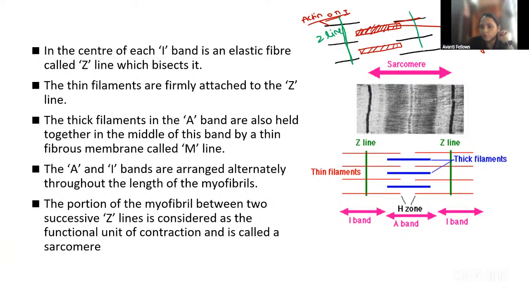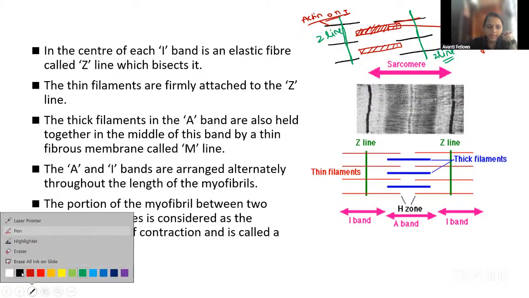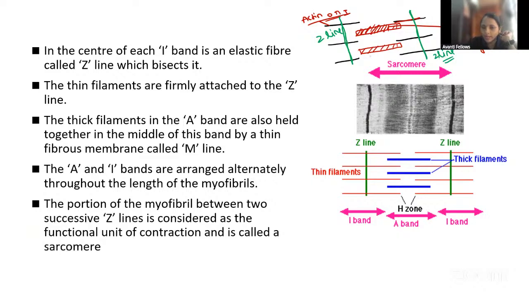And the place where the actin filaments are not joined, this place, we are going to call the H zone. The H zone is where the actin filaments are not joined.